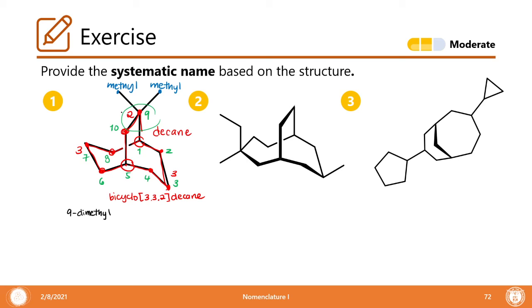Since there are 2 methyls at the same position, we should repeat the number 9. 9,9-dimethyl. Then we continue the name, bicyclo 3,3,2-decane. There we go. It's obscured, but it says 9,9-dimethyl bicyclo 3,3,2-decane.